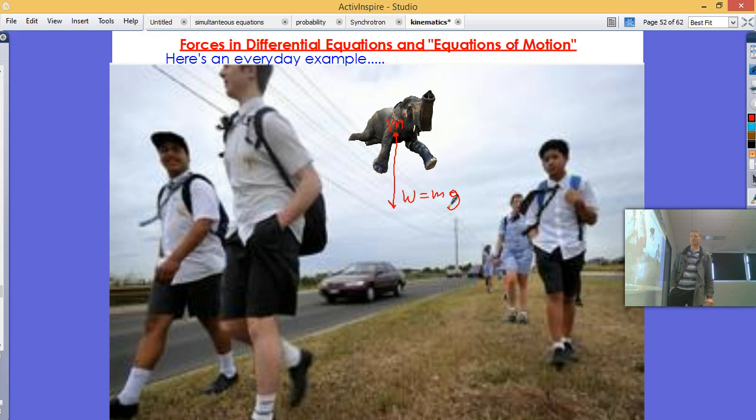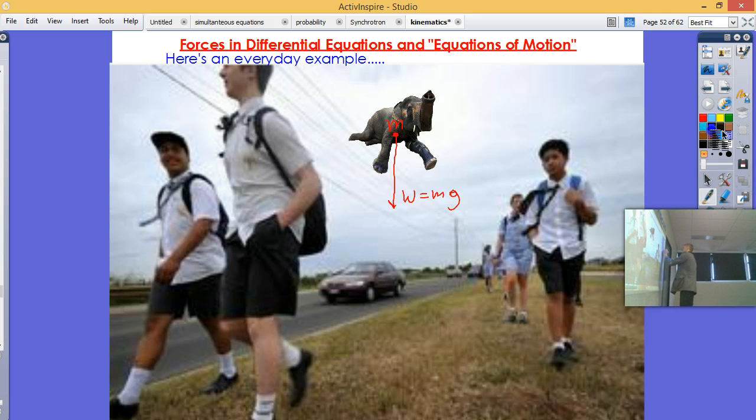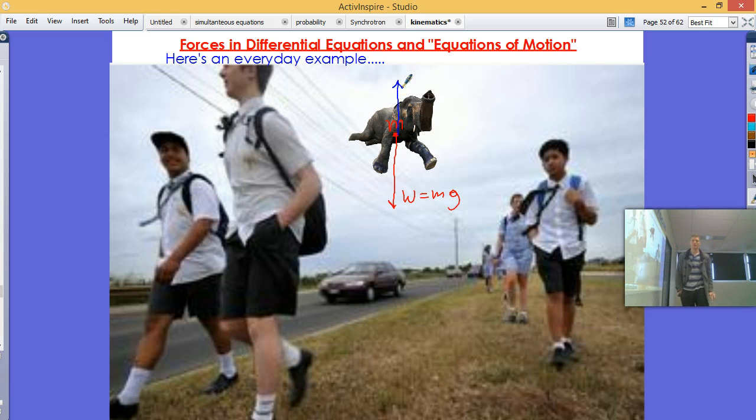And then what happens? Well, is there any other force acting on our elephant as he falls? It might be a force that is opposing his motion, going up against him as he falls down. And we generally call this force due to air resistance.